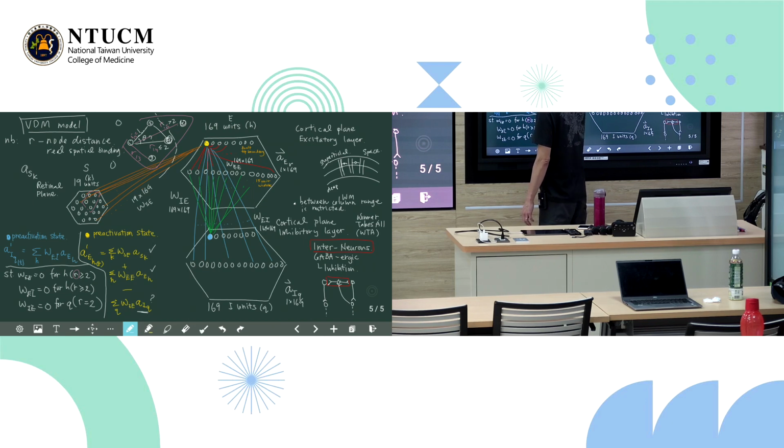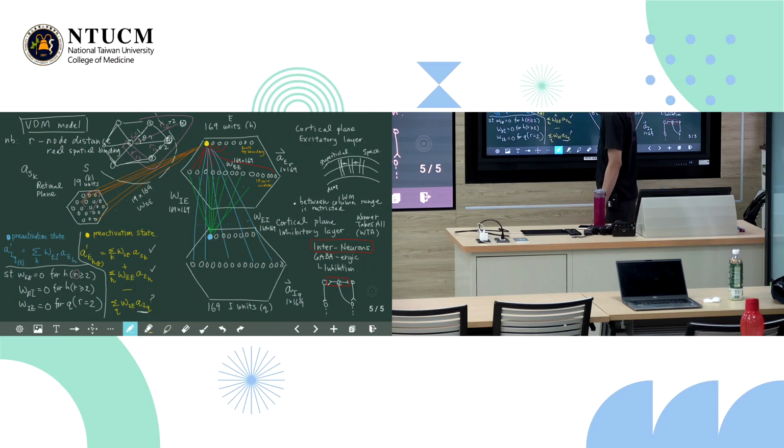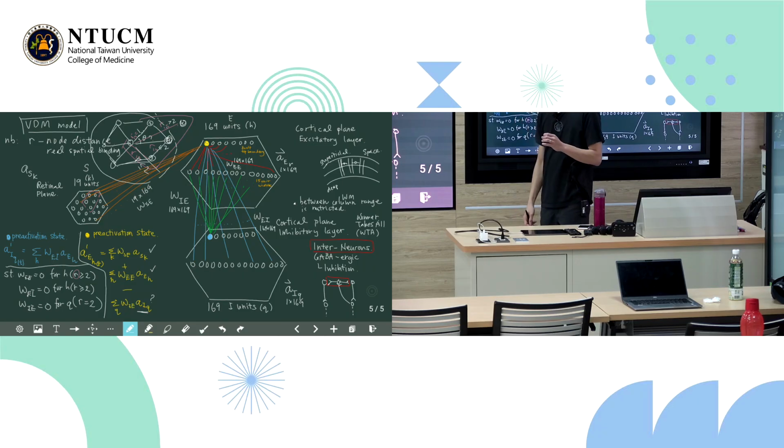okay, this hexagon, this shape, this is R less than or equal to 2. What he's saying is when he sets R as 2, by the hexagon's geometry, only the neighboring neurons will influence you, or the neighbors of the neighbor neurons, but not beyond that.